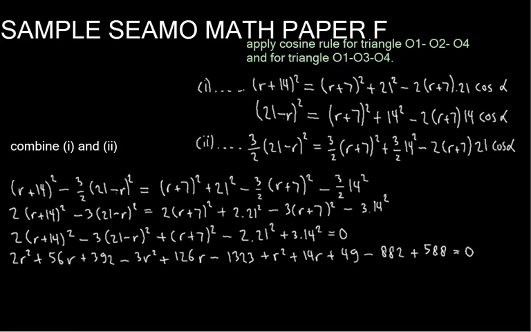So we will have 96R minus 576 equals 0, so R is 576 over 96. So we get that the radius of circle O4 is 6, and that's the answer for the problem.